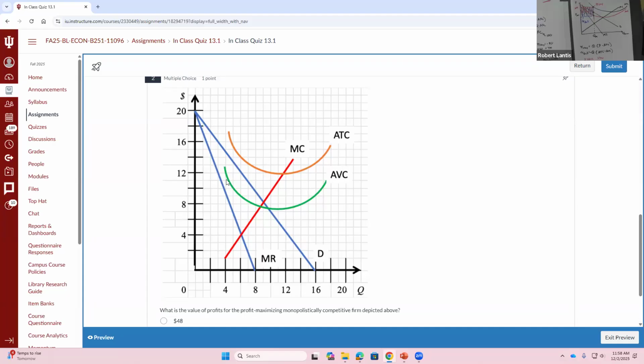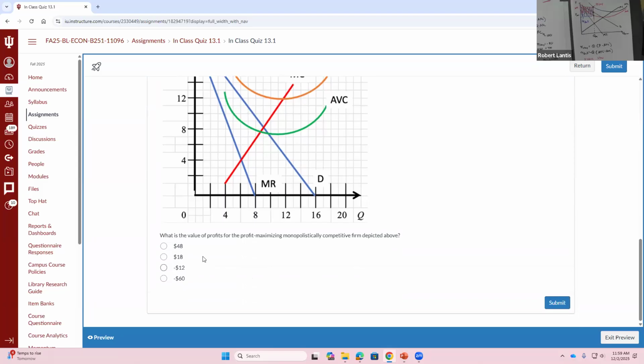Now it's not 2 times 6, because it's price minus average total cost. Price is 12, average total cost is 14, so it's actually negative 2 times 6, or negative 12 is profits. Which once again, if I forgot, before I started to solve for the value, what did we say we should have done? Cross off the positive values right away. Don't make that mistake of forgetting the negative sign. Okay?